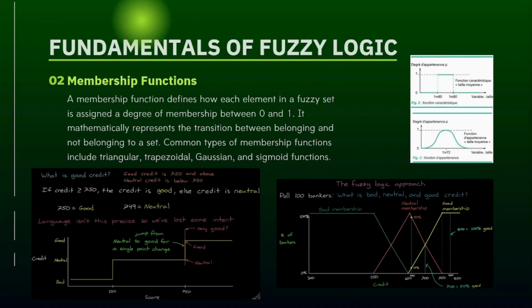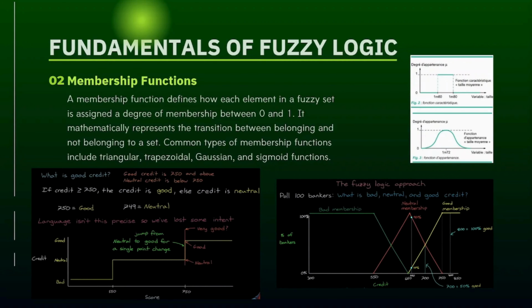And you keep moving from one credit to another until you can model the function, the membership function that tells you where you are between 0 and 1. The good membership is one set, the neutral membership is another one, and the bad membership is another; there are three sets here, as you can see in this example.